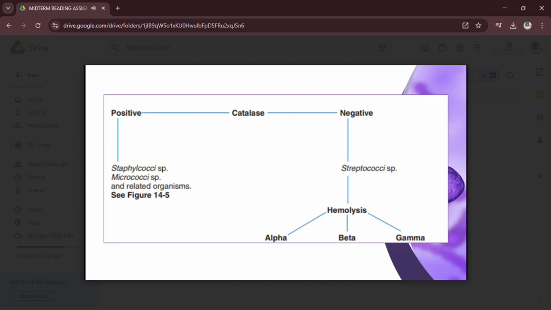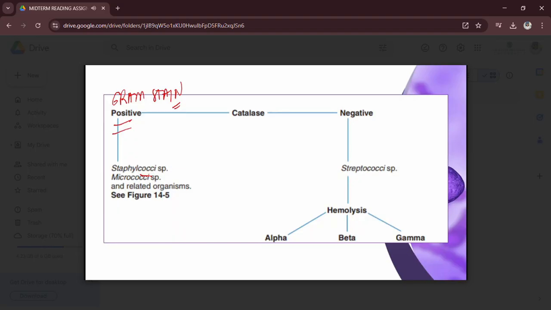If we follow the diagram here, first we check their Gram reaction. After Gram staining, your Streptococci and Enterococci will have a positive reaction. So they are Gram positive. Again, they are cocci, similar to your Staphylococci and Micrococci.